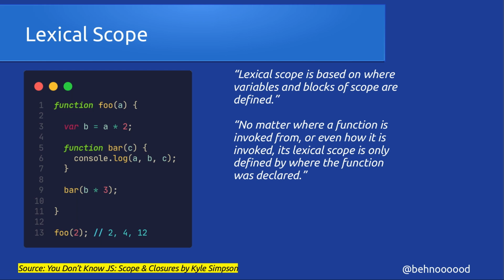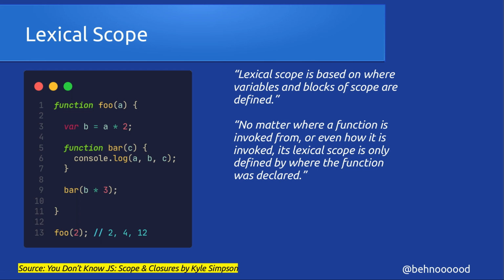You see, lexical scope is based on where variables and blocks of code are defined. No matter where a function is invoked from, or even how it is invoked, its lexical scope is only defined by where the function was declared.